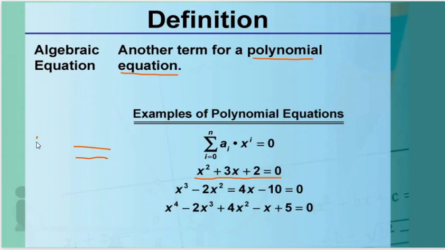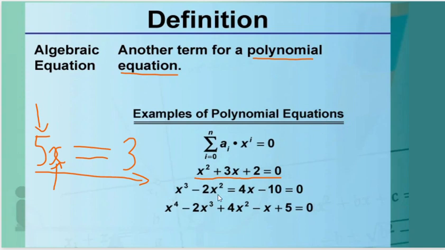I can have something like 5x equal to, let's say, 3. This is an equation because you are equating a coefficient and a variable to a constant number. So these are examples of polynomial equations.